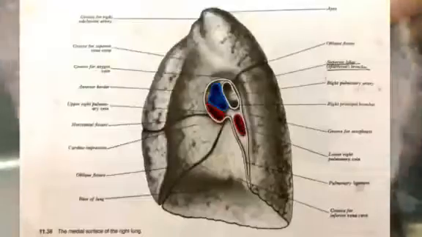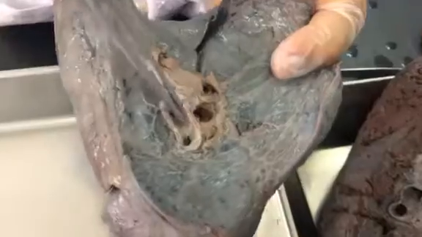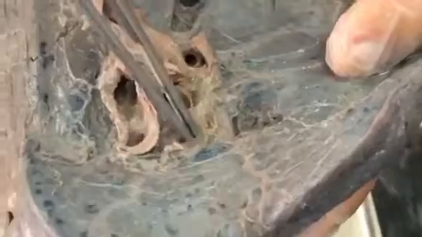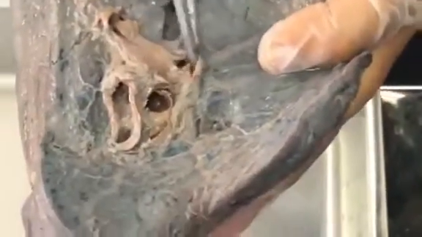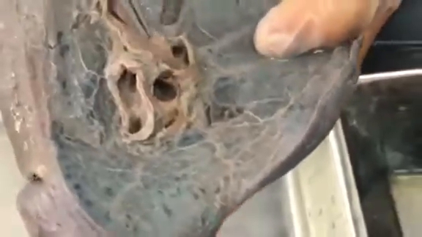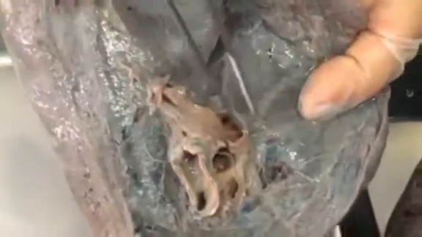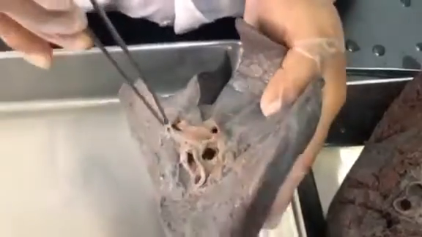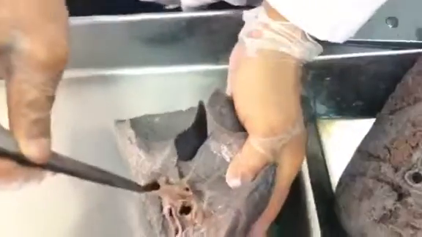Now the main contents of the right lung. This is the eparterial bronchus, and this is the pulmonary artery. This is the principal bronchus, the right principal bronchus. Then the superior pulmonary vein and the inferior pulmonary vein.